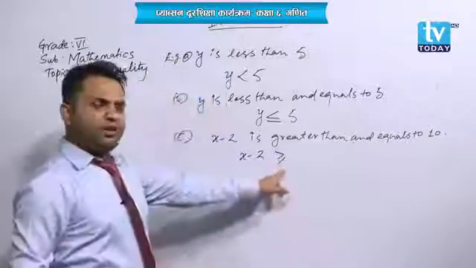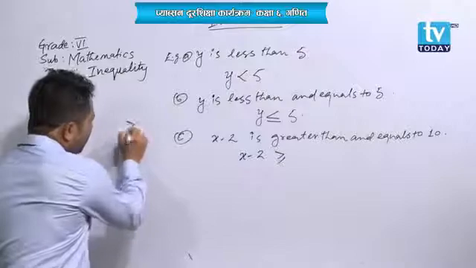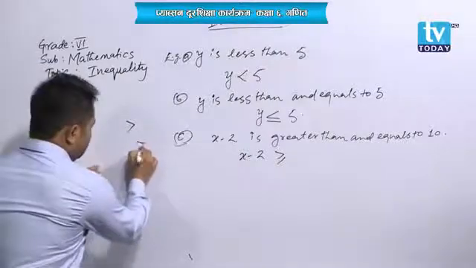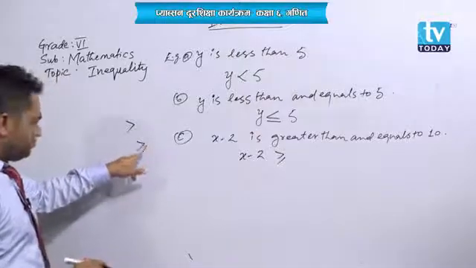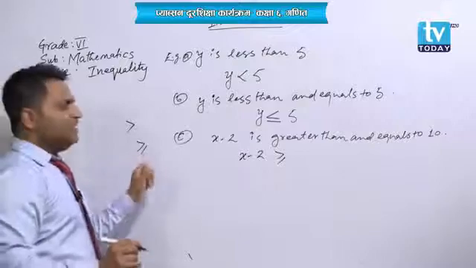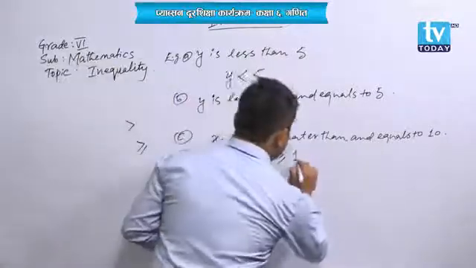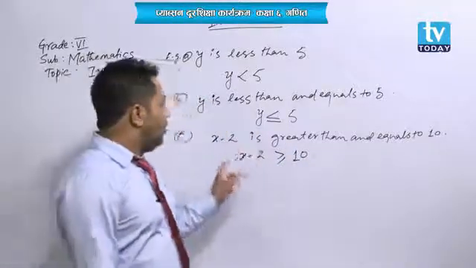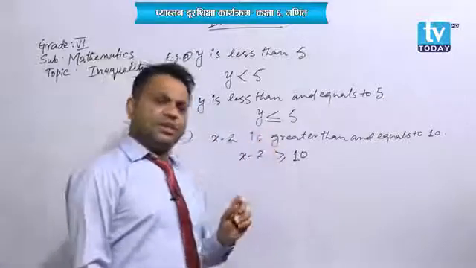This is the symbol of greater than or equal to. If there is only this, then it is greater than, and if there is another line, then it will be greater than or equal to. These are some examples of inequality. Is that clear? All right.